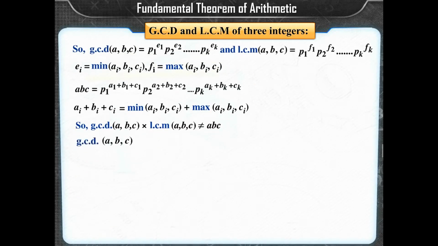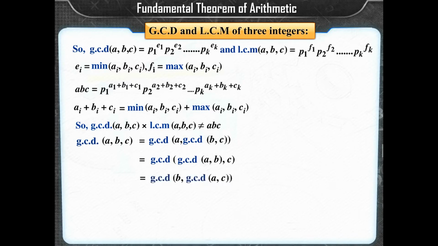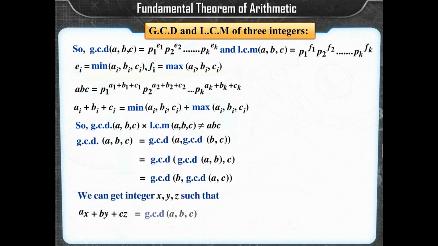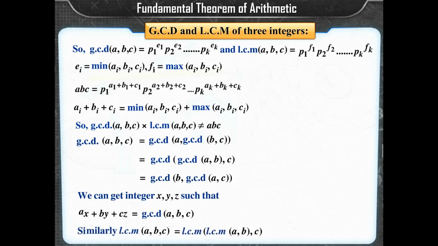GCD of ABC is equal to GCD of A, GCD of BC is equal to GCD of B, GCD of AC. We can get integers x, y, z such that ax plus by plus cz is equal to GCD of ABC. Similarly, LCM of ABC is equal to LCM of A into bracket LCM of BC.